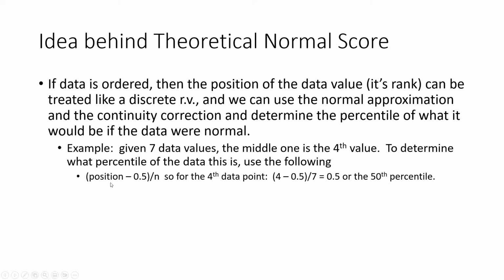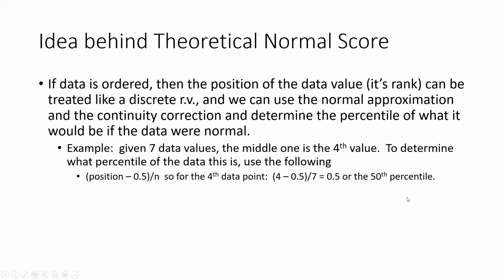We look at the position and we subtract 0.5. So again, we're going to treat the position as if the rankings are values from a normal distribution. So the 4th data point would be 4 minus 0.5, which is 3.5, and divided by 7, the total number of data points, gives us 0.5, or the 50th percentile.